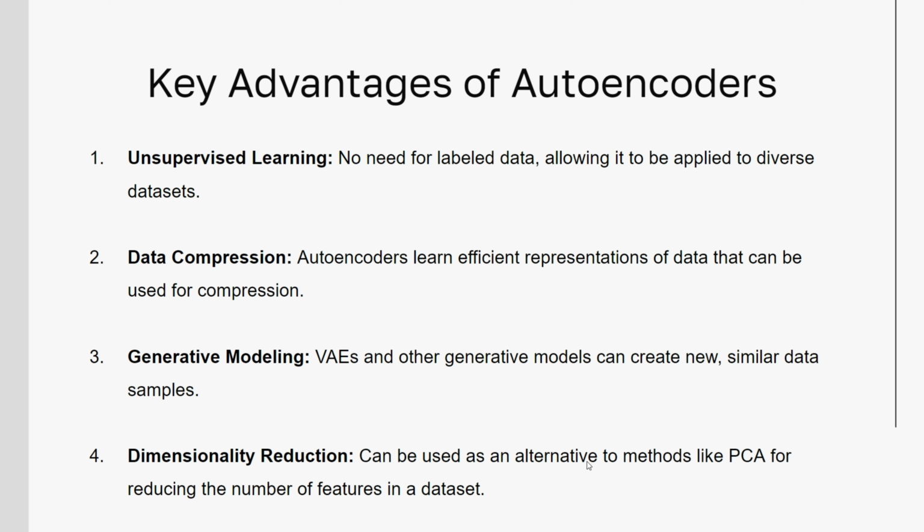Say, for example, if we again take the case of an image, when we give it to the encoder, we get the compressed dimension of that image, and that compressed dimension can be used to train a particular classifier model to classify different digits, say from 0 to 9. By doing so, we are not giving the entire image as input to the classifier, but an extracted feature of those images.